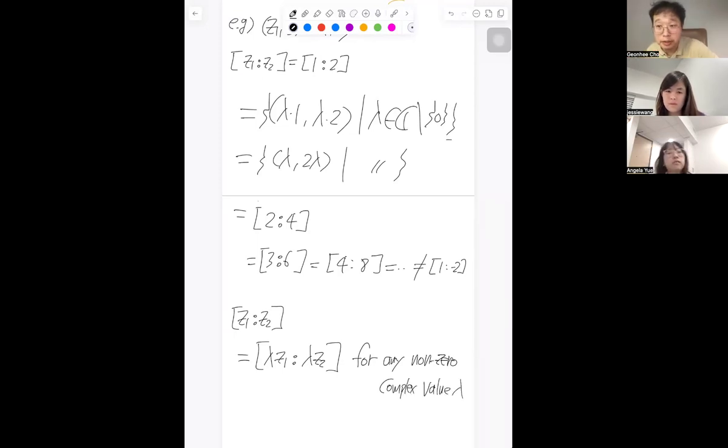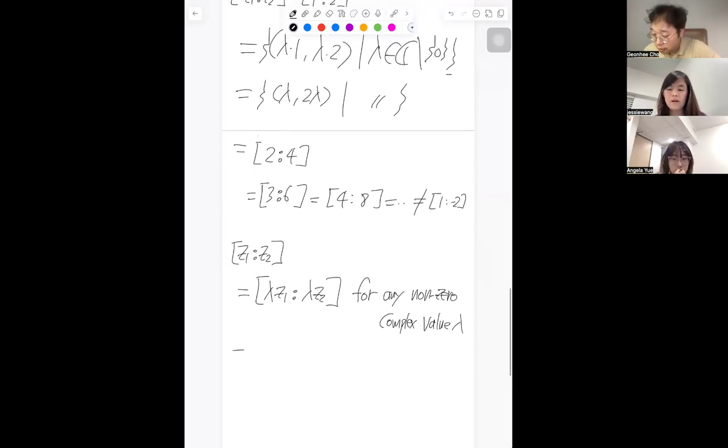Are you with me up to here? So those two are the same. That's what we said from the concrete example. If you're okay up to here, we can choose this complex value as e to the it. You agree? Because we said this is true for any lambda as long as lambda is a non-zero complex value. So let's choose lambda to be e to the it.